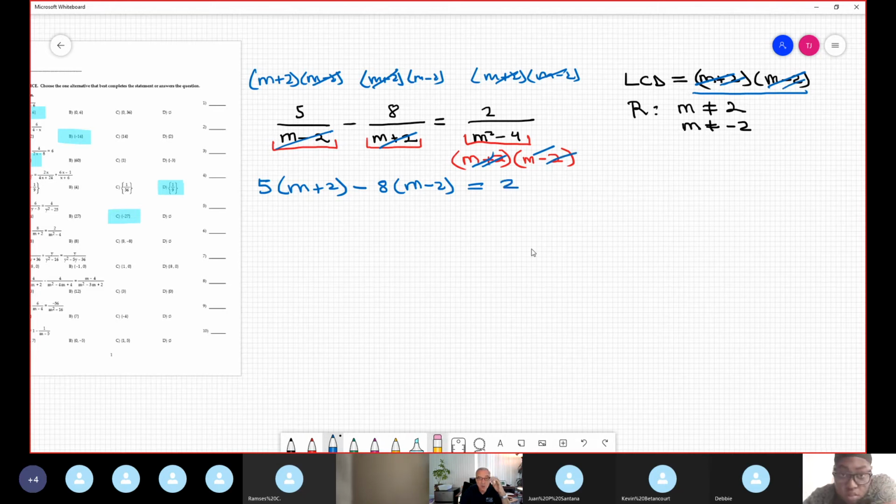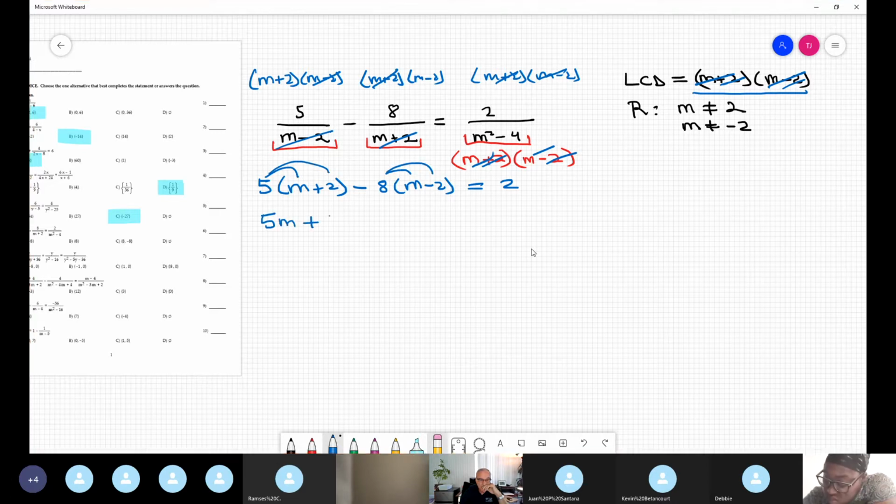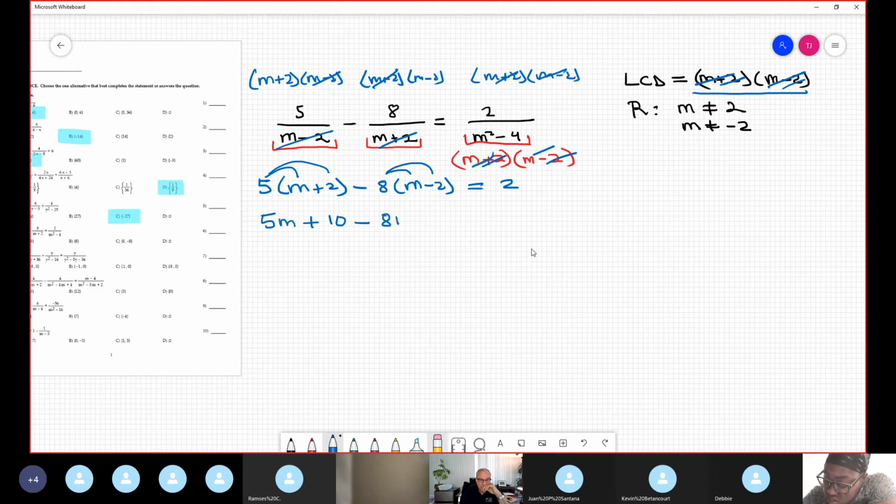This is my new equation, easier than the original. Remove parentheses: 5m plus 10 minus 8m plus 16 equals 2. Combine: positive 5 and negative 8 is negative 3.